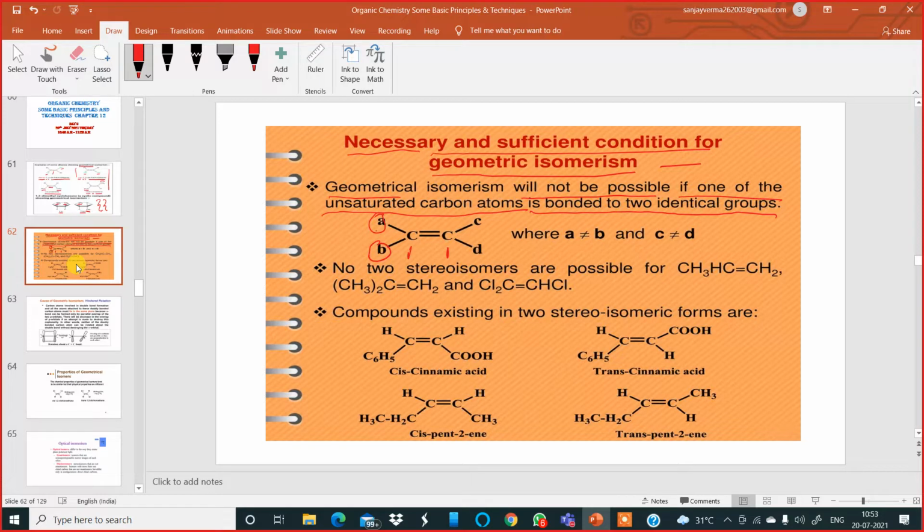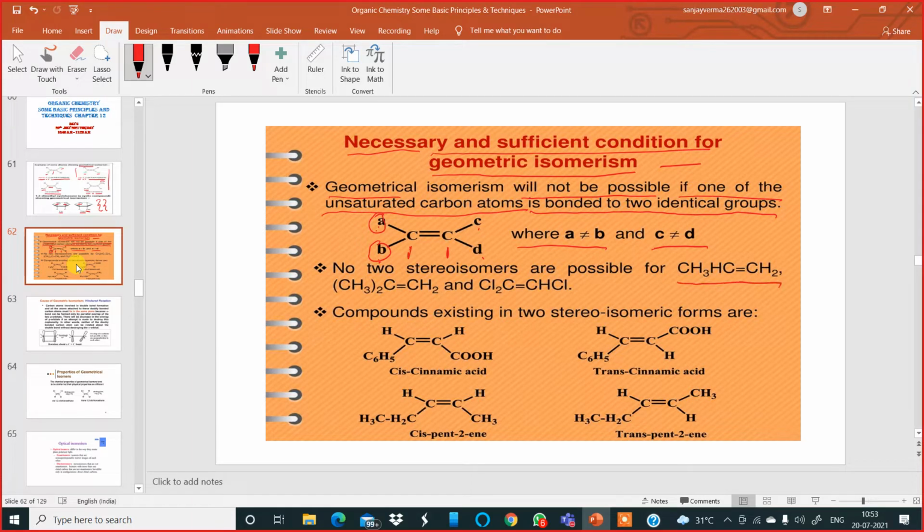It cannot be A and A. That's why here A is not equal to B and C is not equal to D, because C and D are linked to one unsaturated carbon, and A and B are linked to the other unsaturated carbon. So one important condition is that the unsaturated carbon must have two different atoms linked to it.